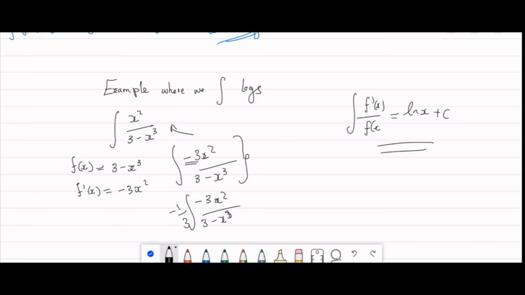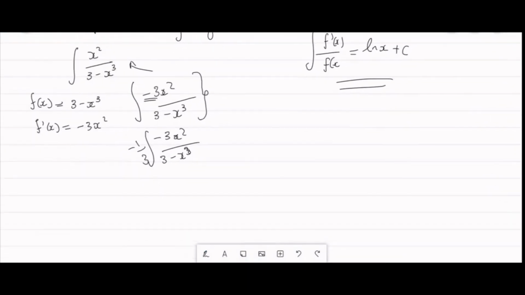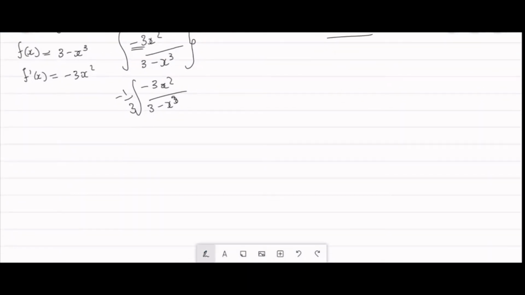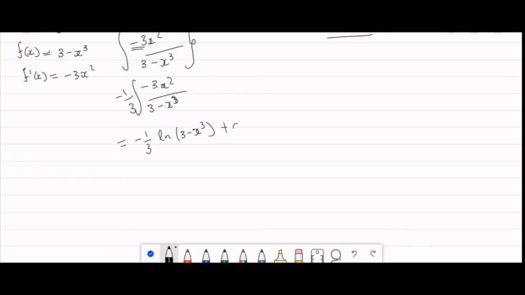A negative 1 over 3 multiplied by a negative 3 will give us 1, so it will be the same as the original equation. So therefore, our integral is equal to negative 1 over 3 ln of 3 minus x cubed plus c. So this will be our final answer.